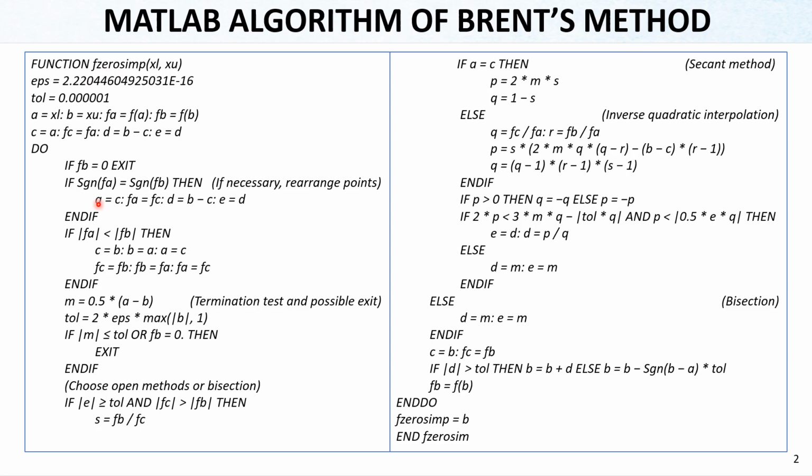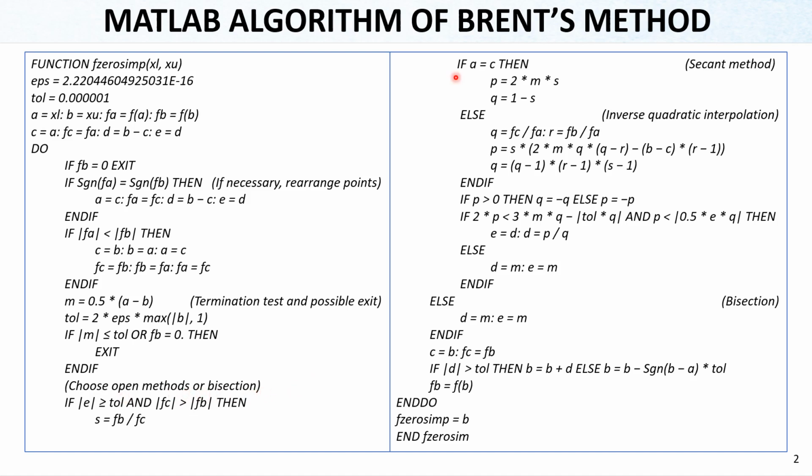I will quickly go over this, not mention all the details, but mention how it goes from bisection to open method. Basically, in the beginning, it makes a condition evaluation of the functions to find if there is any bracketing for the root, and if this can be achieved, it will choose between open method and bisection method.